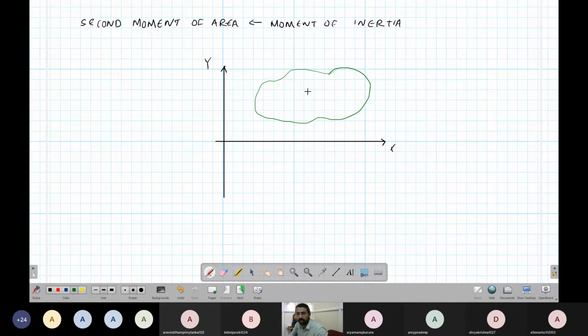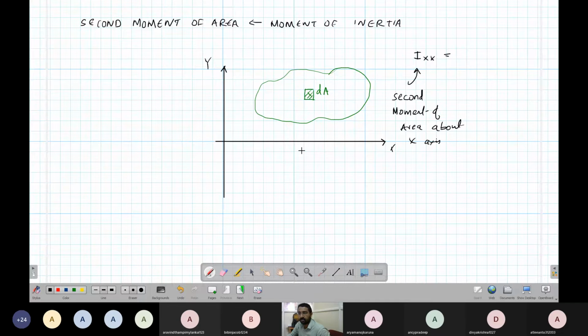I will find a small area here, dA. So this body is divided into small areas of dA. The second moment of area about the x-axis is defined as Ixx.